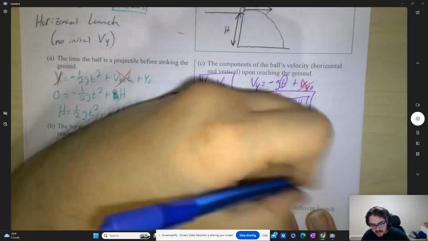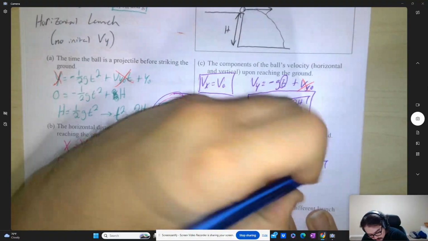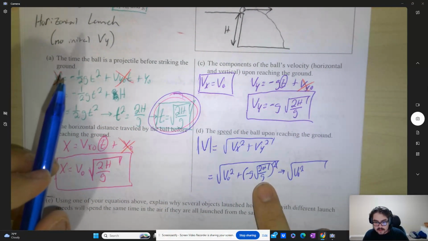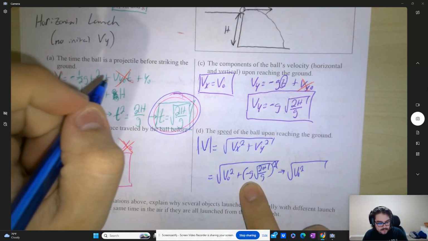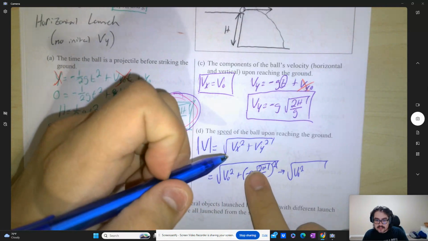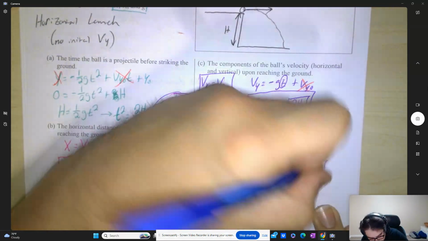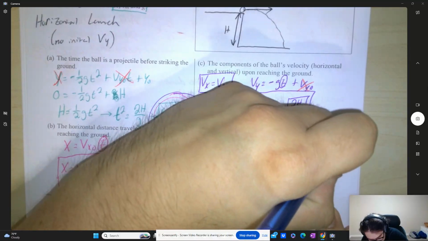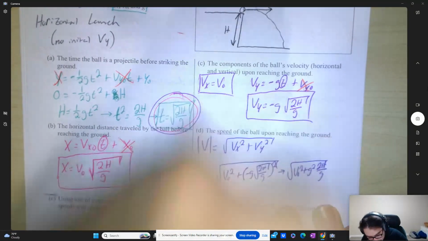And then when you do that, you're going to get root, v naught squared. When you square this, you're going to get g squared times 2h over g.